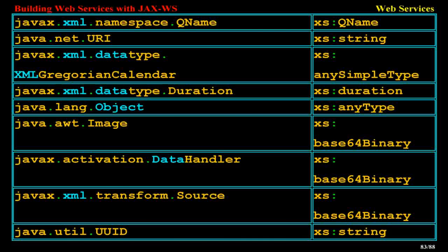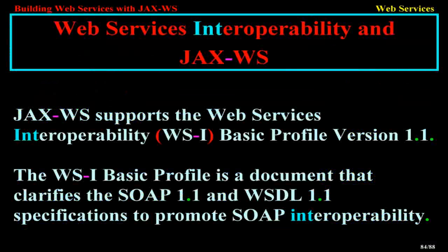Web Services Interoperability and JAX-WS. JAX-WS supports the Web Services Interoperability (WS-I) Basic Profile Version 1.1. The WS-I Basic Profile is a document that clarifies the SOAP 1.1 and WSDL 1.1 specifications to promote SOAP interoperability.